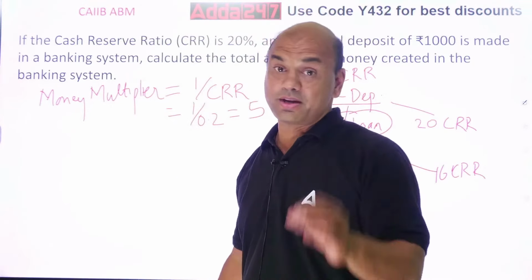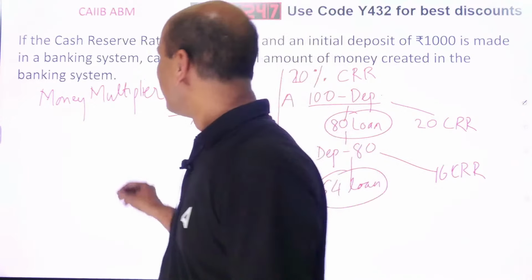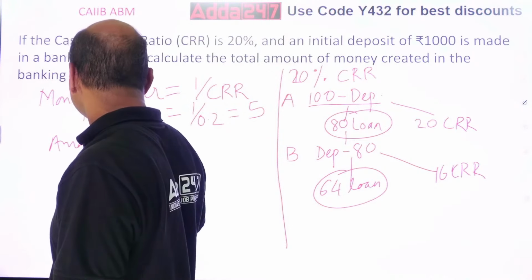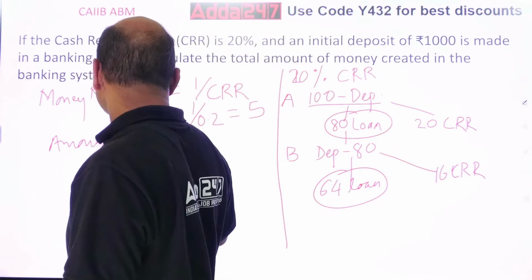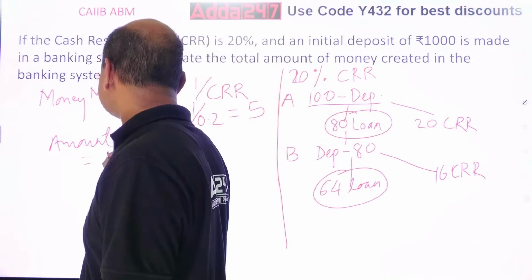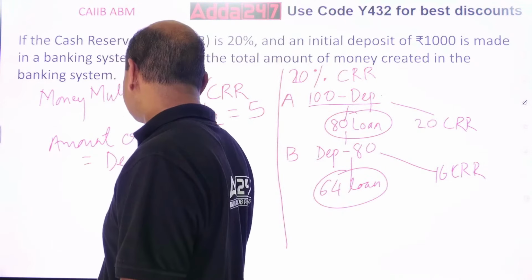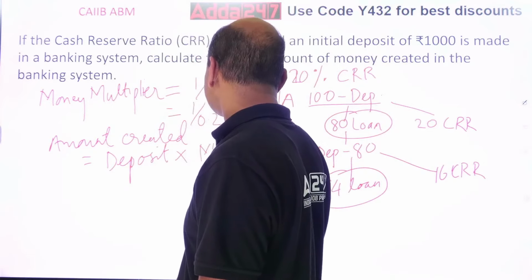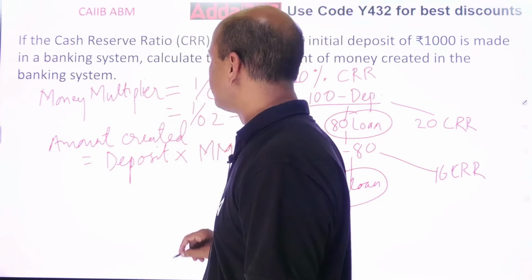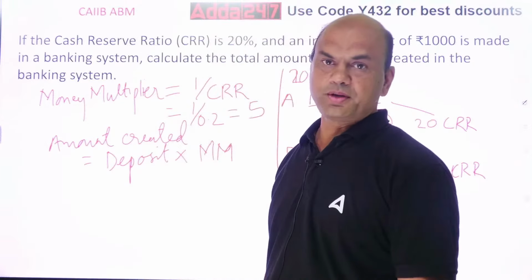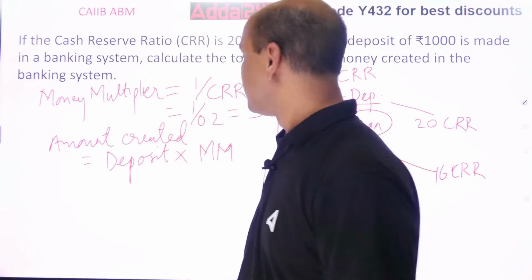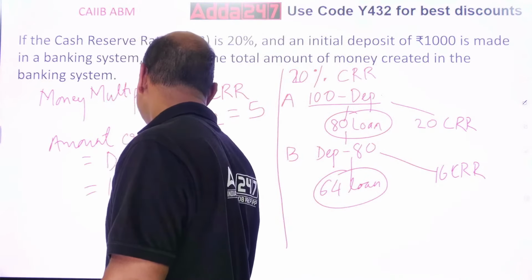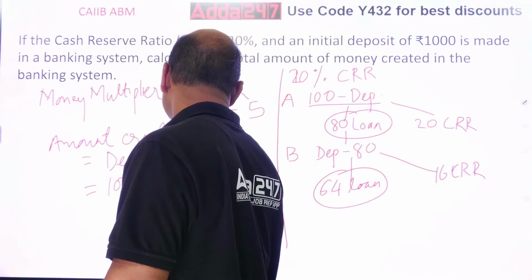The amount created equals the deposit into the money multiplier, MM. The deposit is 1000, and 1000 into MM, which is 5, equals 5000.